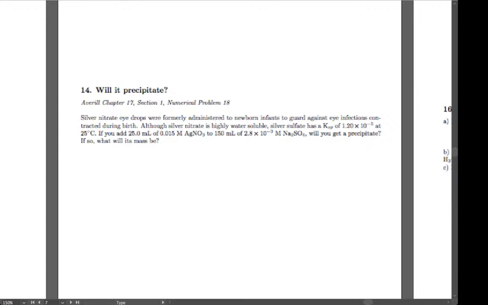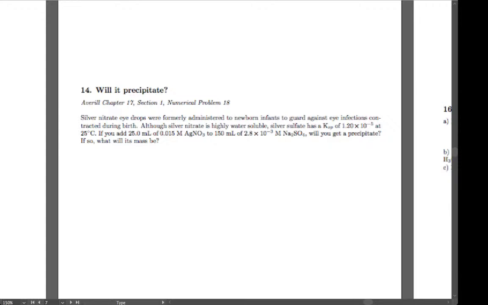I believe the Na plus and the SO4 2 minus should actually separate from each other, because they are in water, and then you have that silver nitrate there. Oh, will it get a precipitate? If so, what will its mass be?